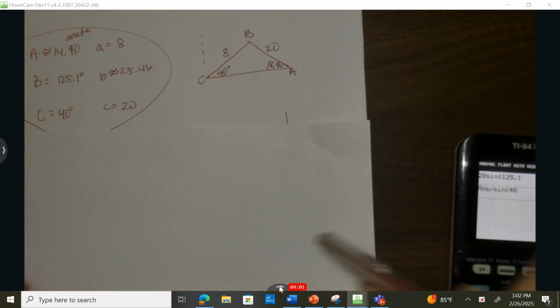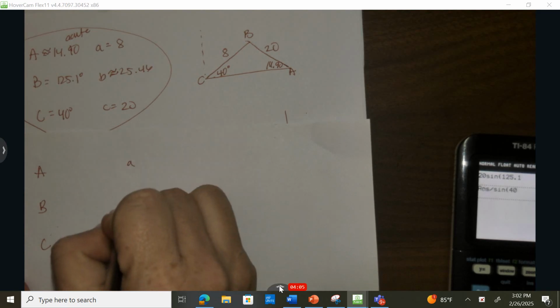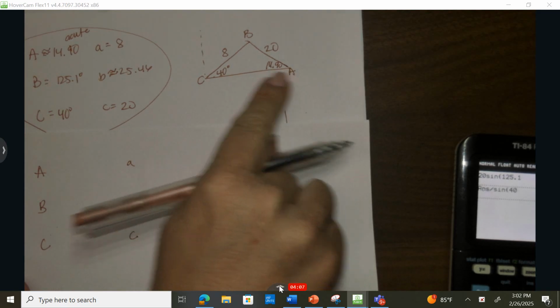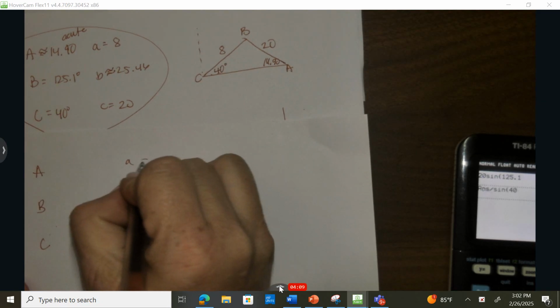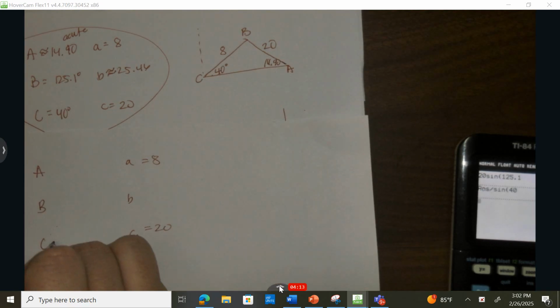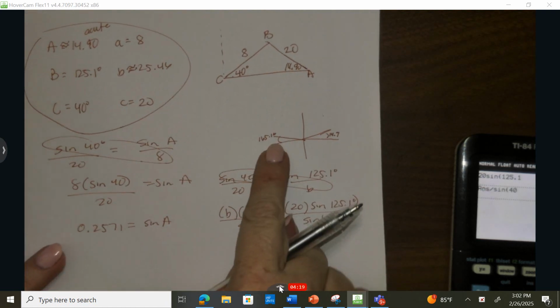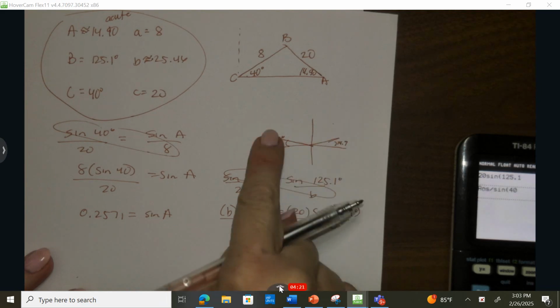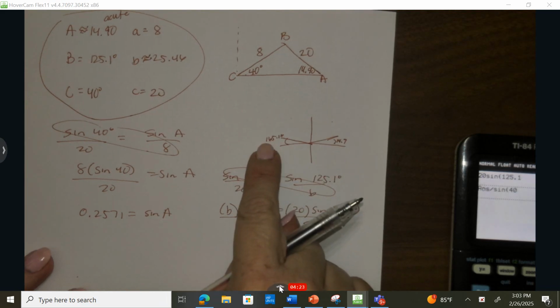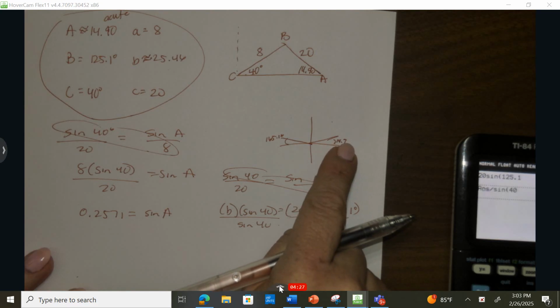So I'm going to write A, B, and C, little a, little b, and little c. Now what do we know? We were told that across from A is 8 and across from C is 20, and we were told that C is 40 degrees. Now, as we just spoke about, sines are positive in quadrants 1 and 4, so the sine of 165.1 will be the exact same answer as the sine of 14.9.